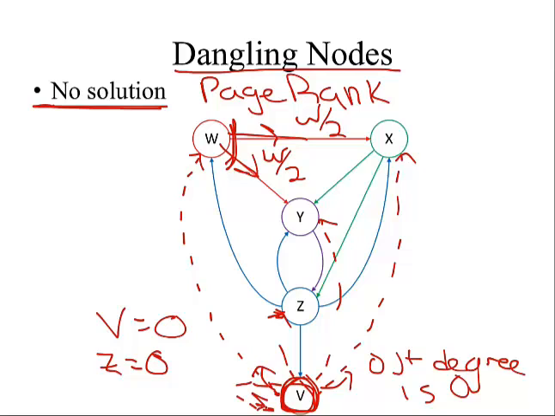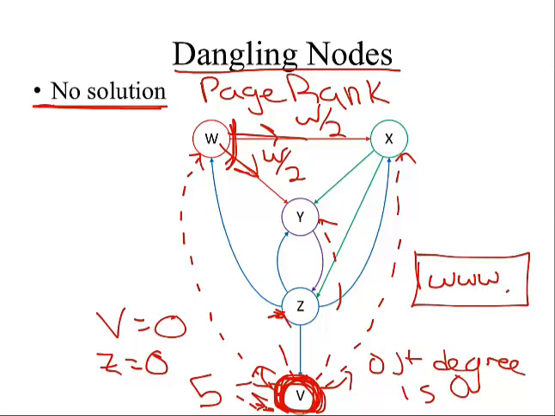And so now V went from having an out degree of 0 to having an out degree of 5. This makes sense intuitively because if we landed on V, if we were a random surfer and we had nowhere to go, then we'd be forced to enter some random URL into our browser, and then we'd end up at one of the other nodes in the graph.